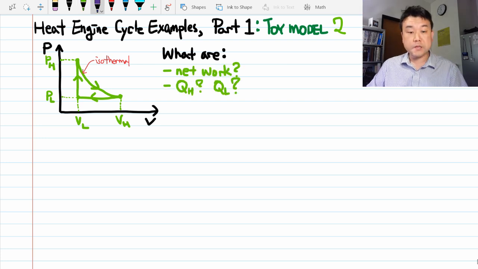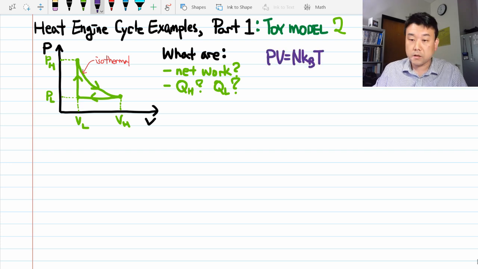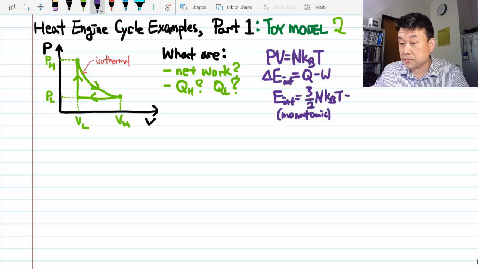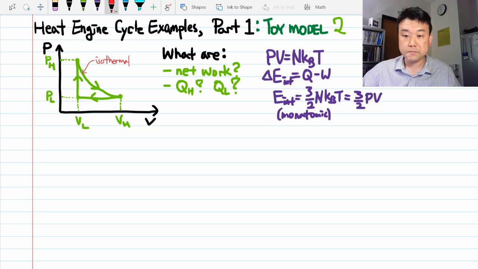And we went through this before, so let me write down the equations that you are going to need. The ideal gas law, the first law of thermodynamics, and the expression for the internal energy. Let's say it's a monatomic gas. This can also be expressed in terms of purely pressure and volume with the help of the ideal gas law. Alright, so we'll refer to these as needed.